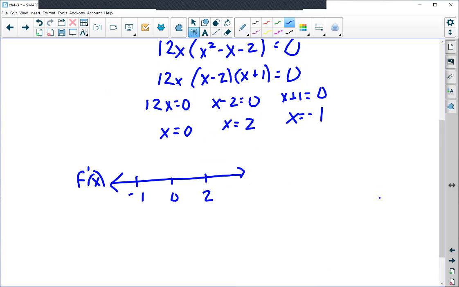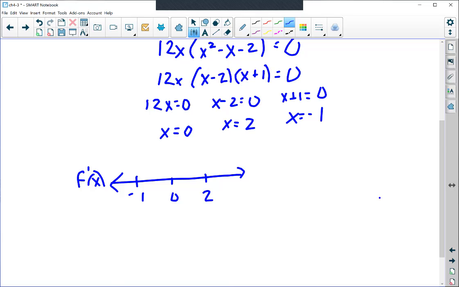And I would just take a value on each interval. So take a value that's less than -1, like maybe -2. Plug it into our derivative, and I would plug it in to the factored form of the derivative. I don't care what the exact value is. All I want to find out is what sign does the value have? Is it positive or is it negative?